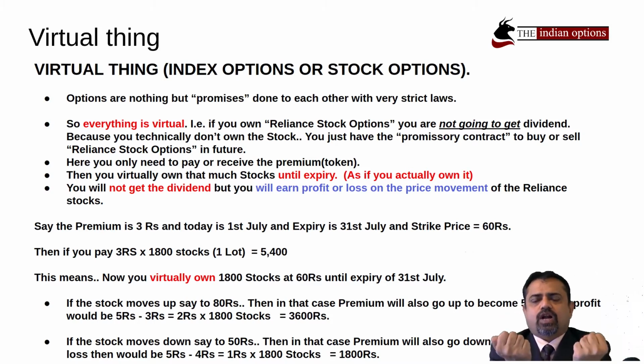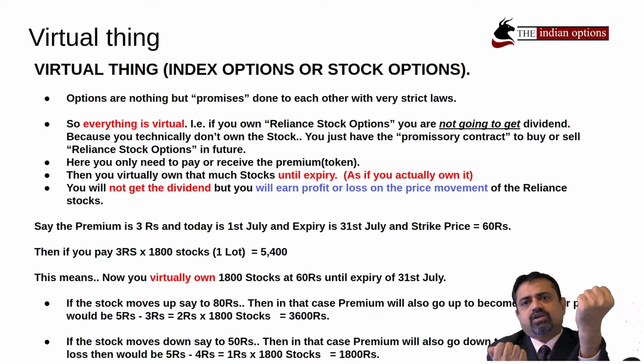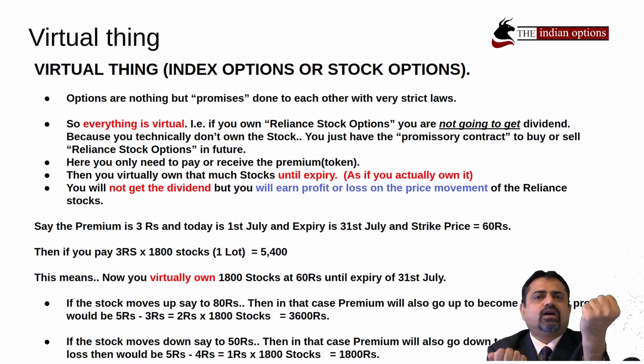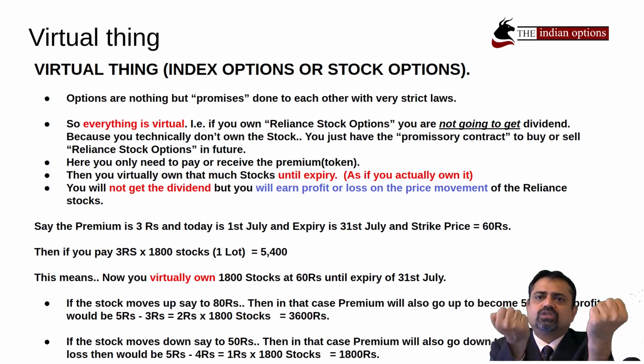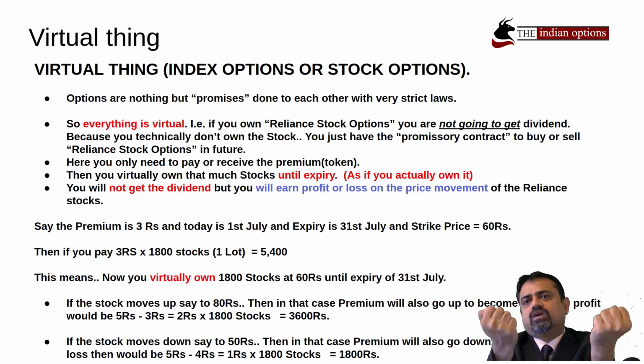Okay. Now what happens? Say the market has gone up 10 points. Now if you sell this, you are going to get 10 rupees extra. 10 rupees multiplied by 1800, so you are going to get 18,000 rupees profit. In this also, if the market goes up 10 rupees, the premium increases by 10 rupees, then you are going to get 18,000 rupees here.